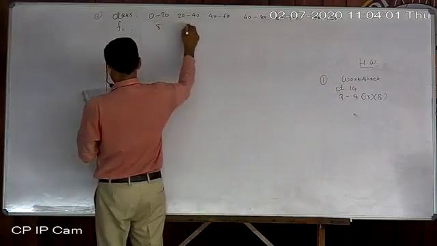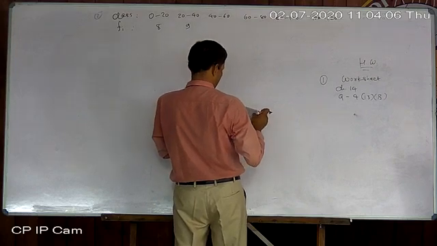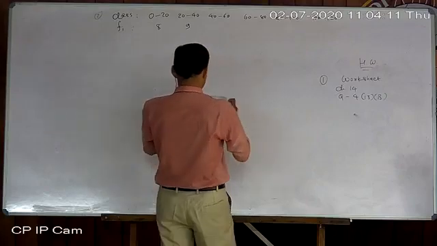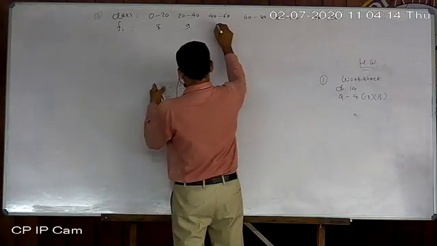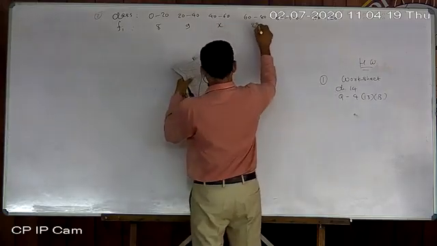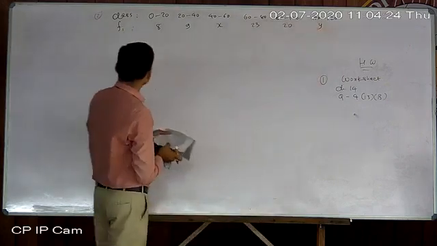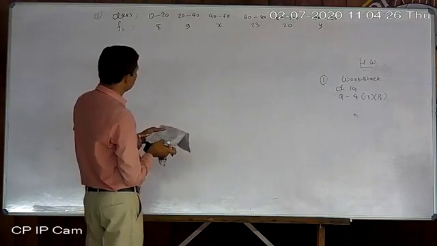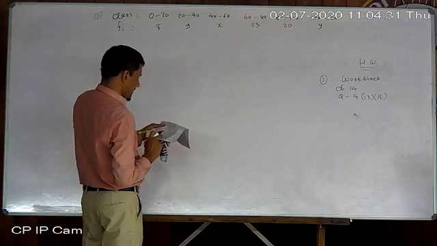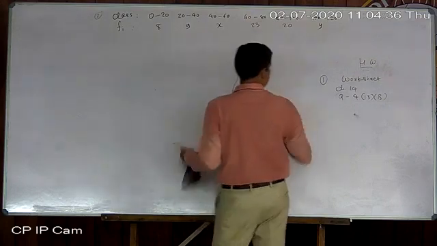Frequencies will be 8, 9, X, 23, 20 and Y. Okay, again classes 0 to 20, 20 to 40 up to 120. Okay, 8, 9, X, 23, 20 and Y.